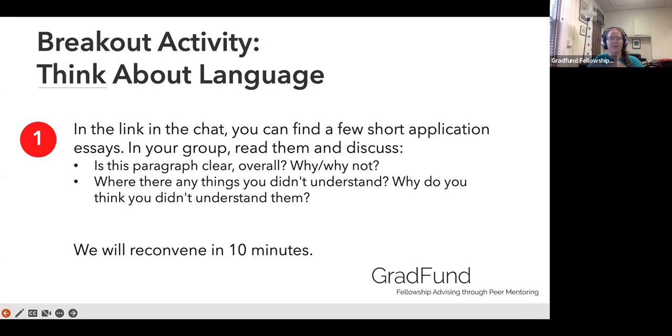So in your group, first of all, start by introducing yourselves to your group members. What's your name? What do you do? Maybe something cool about your research. And then work together to discuss these application essays. Think about, is the paragraph that you read clear overall? Why or why not?